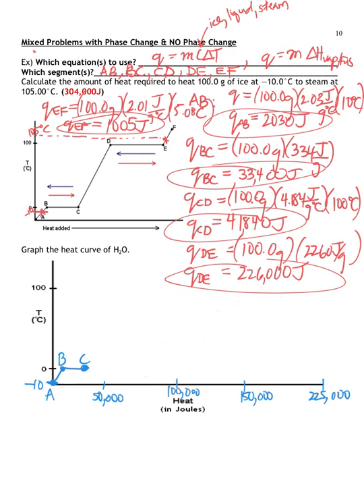If I take 2,030 plus 33,400 plus 41,840, I will get 77,000. 75 is right here in the middle between 50 and 100, so 77 is right here. Just estimating, all the way to 100 degrees right here. So this is my CD segment.